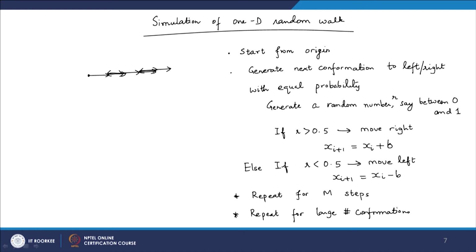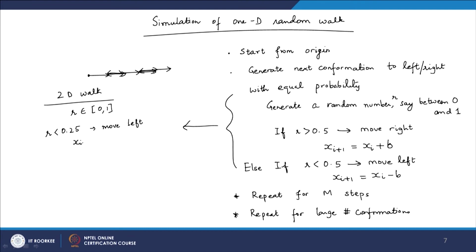If I am doing, for example, a random walk in 2 dimensions or higher dimensions, all that changes is my algorithm here. So if I am doing a 2D walk, now we have 4 outcomes: left, right, up and down. So now we can again generate r between 0 and 1, provided that it is uniformly distributed from 0 to 1, and now we can say r less than 0.25, move left, for instance.